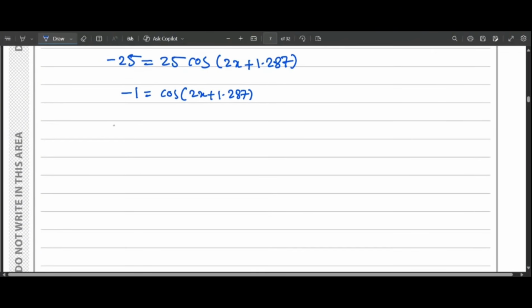Now this will give us 2x + 1.287 is equal to cos inverse of minus 1. This will give us pi, and 3 pi, and many other values.